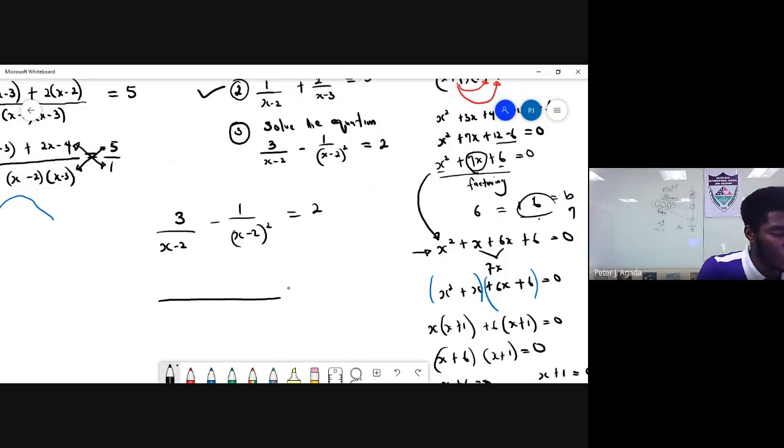So this one can be x minus 2, and we can have x minus 2 all squared. And next, if you divide this one, you can have your 3 in your parentheses, obviously this is gone. So we can have x minus 2 squared, minus, if you go further with this one here, 1 times x minus 2, all equal to 2.